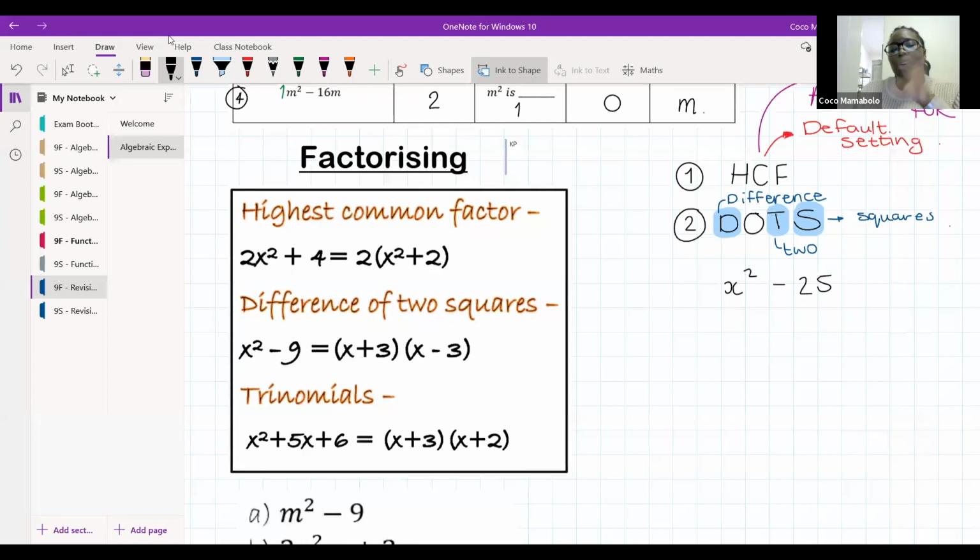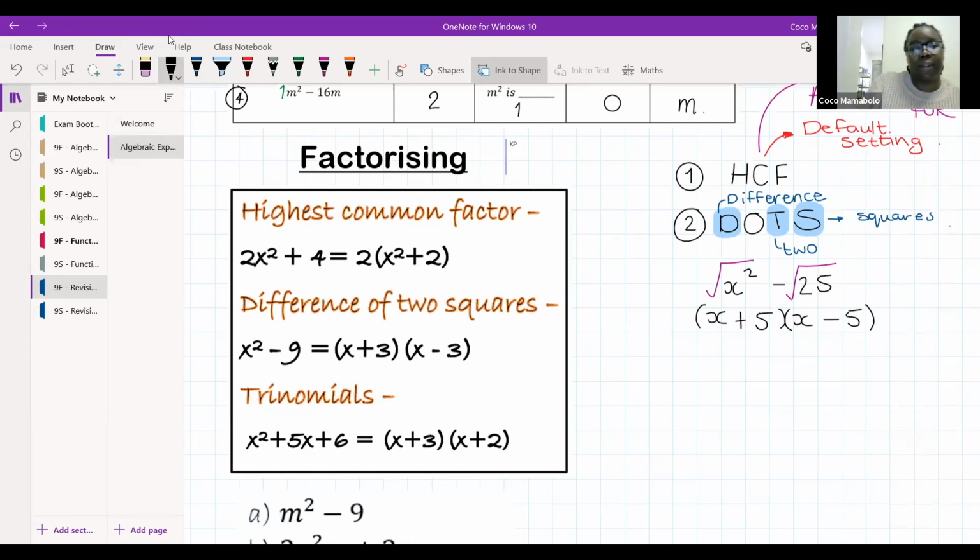It is, because x squared is a perfect square, 25, perfect square. So the first thing I'm going to do is open two brackets. I'm going to put a plus in the one, a minus in the other, and then I'm going to square root both my numbers. The square root of x squared is x, so I'm going to put x and x. And the square root of 25 is, thank you, Buntle, it is 5 and 5.